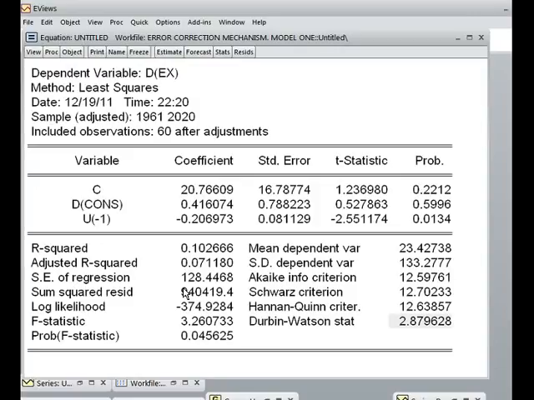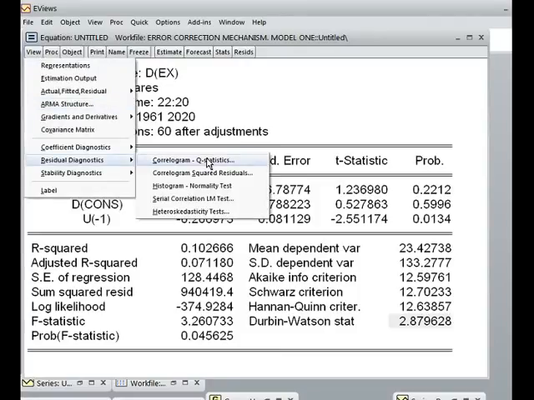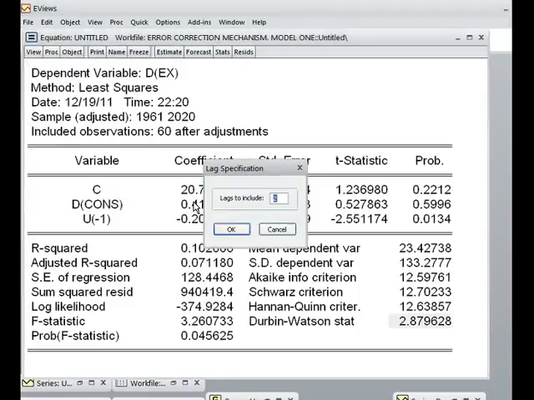How to check? I go to view, I go to residual diagnostic, I go to serial correlation LM test, right? So I click here, and here is already 2 lag. Okay, I take it 2 lag, then I okay.